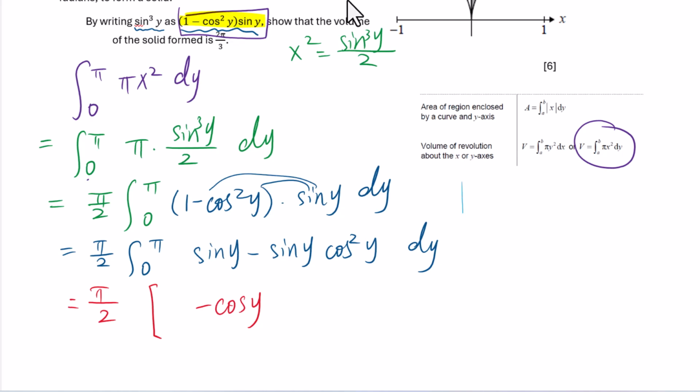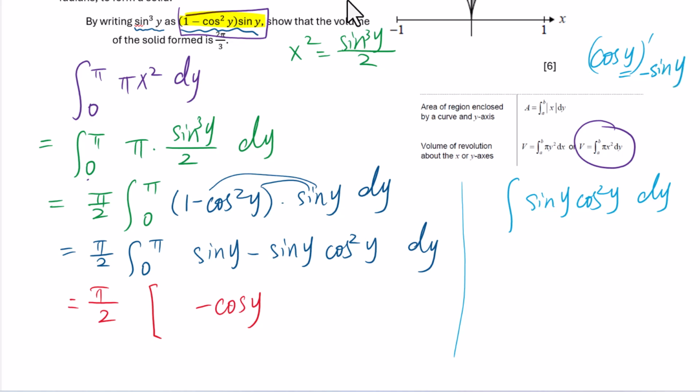Now let's work this out. Integral of sine y cosine squared y dy. Check substitution: cosine y prime equals negative sine y. We can find sine y over here, so we can use the reverse chain rule.